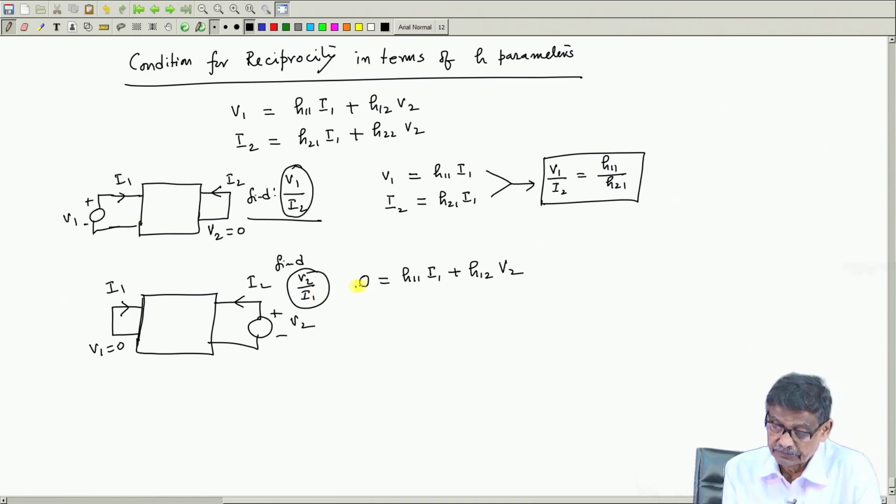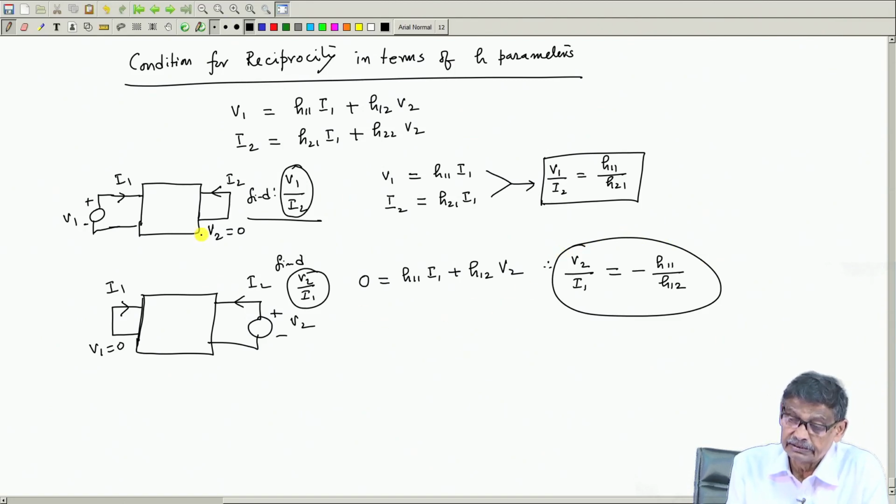Second equation need not be written, V 2 by I 1 will be equal to minus H 1 1 by H 1 2. So, this is the other thing.